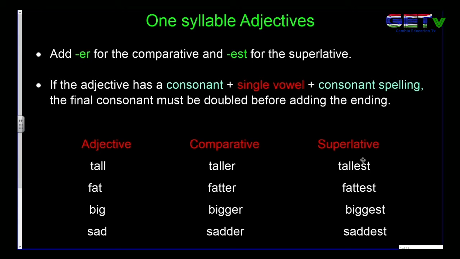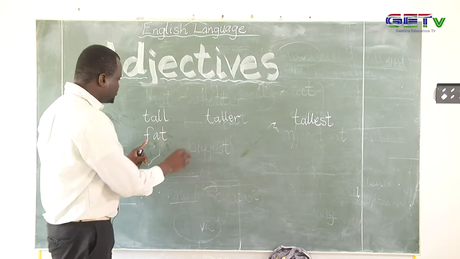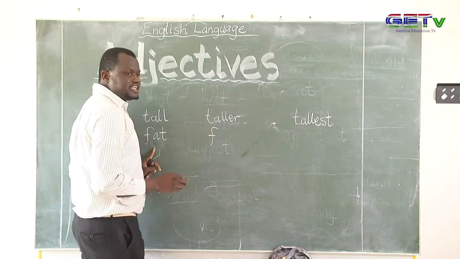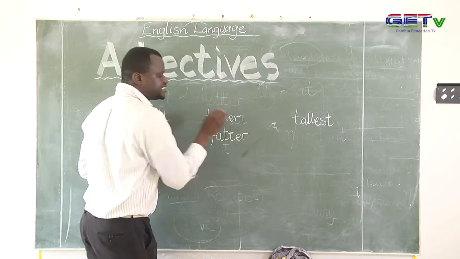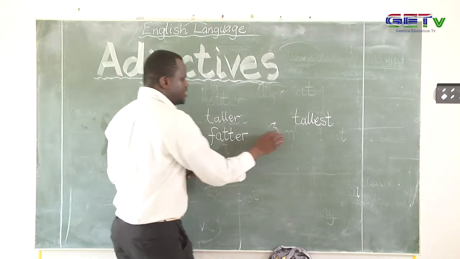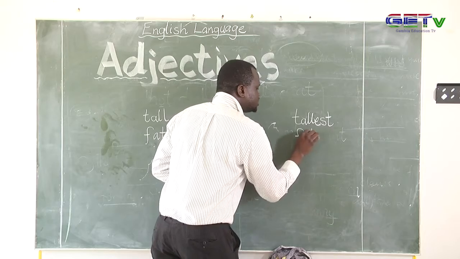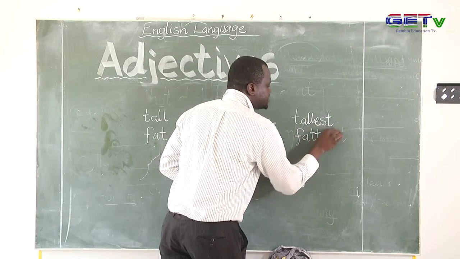The next original adjective is fat. Now looking at the comparative, remember I told you if we have a consonant, a single vowel, and then a consonant spelling, we have to double the last letter. And that is exactly what we have in this adjective, fat. So we double the last letter, which is the T, and then add ER. And for the superlative, we also double the T and add EST.